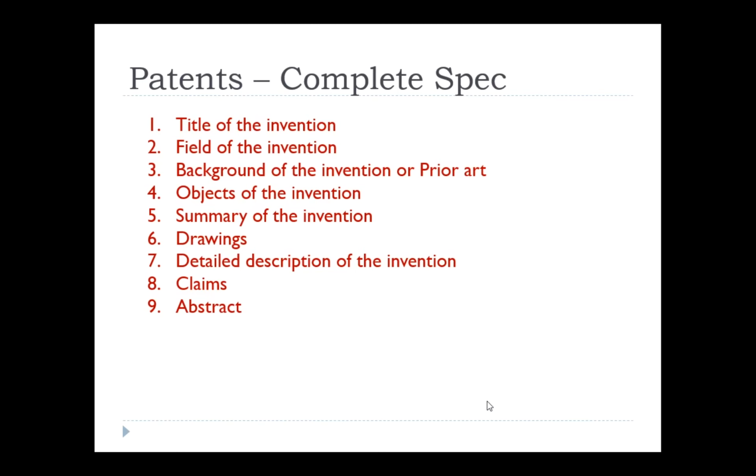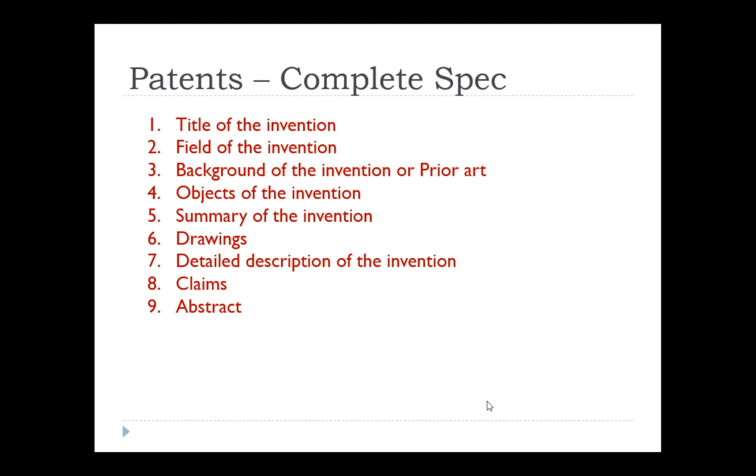And one more thing, these number identifications should be cited inside the detailed description, the claims, as well as in the abstract. Please be clear. Whatever drawings you are mentioning should be completely cited in the detailed description part, claims part, as well as the abstract part.